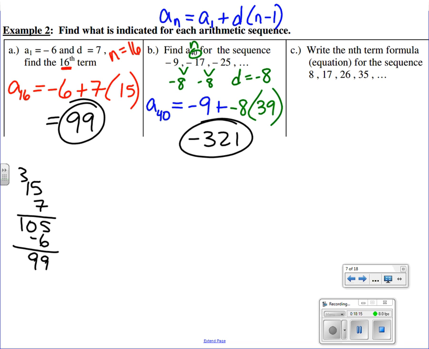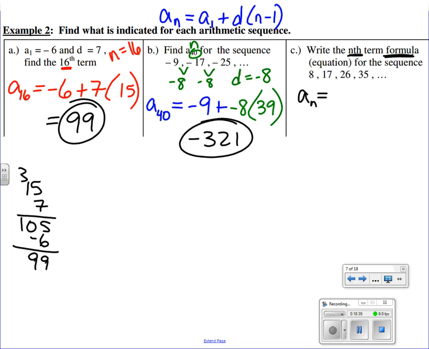Okay, this one, write the nth term formula for the sequence. So you're just writing the formula. So you're not going to get an answer. Yes. So for this one, we don't know what n is, so we do write an equals.